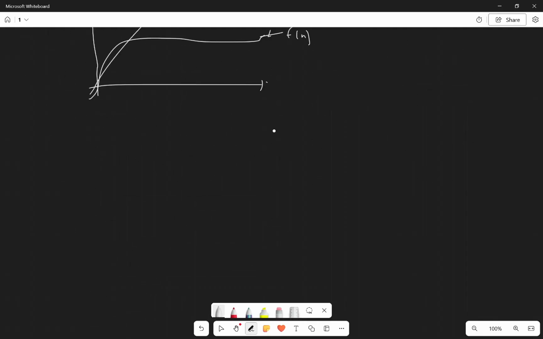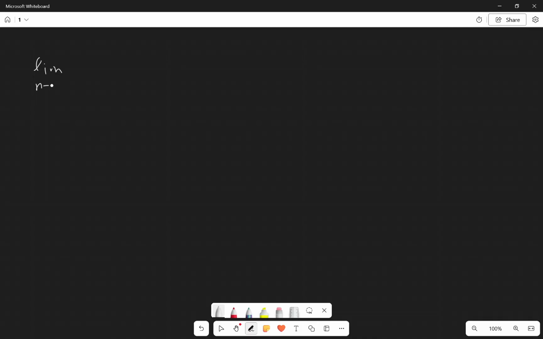The other thing is, if this limit of fn divided by gn goes to a value like 3 or 5, whatever, let's write 55.